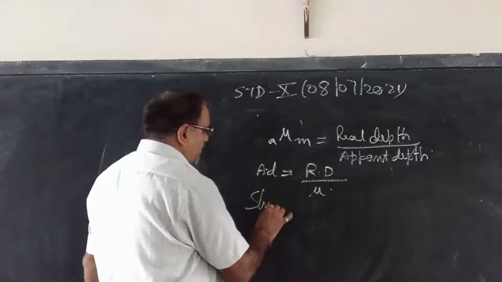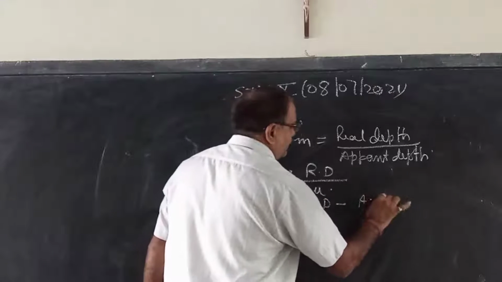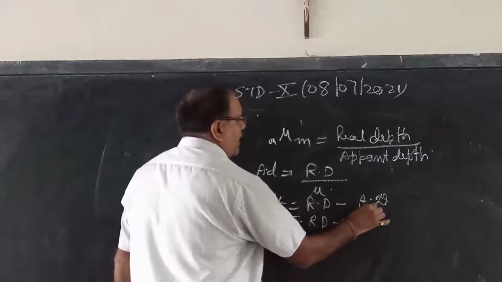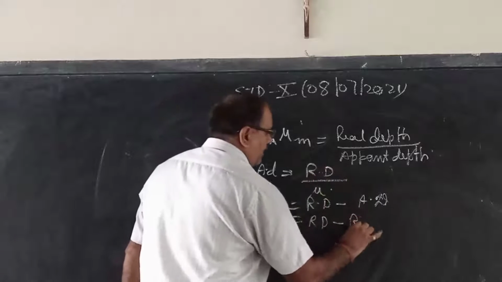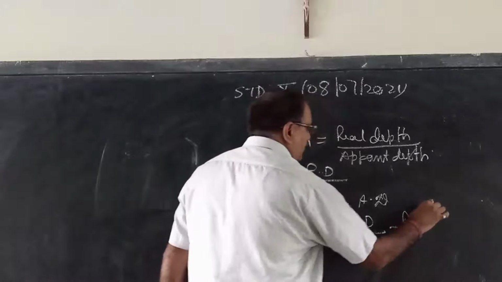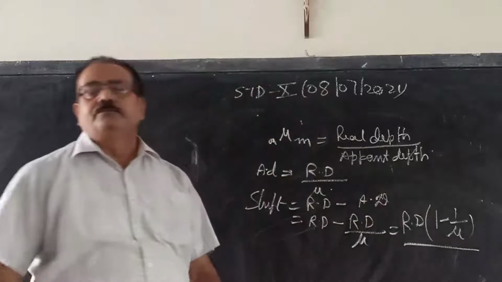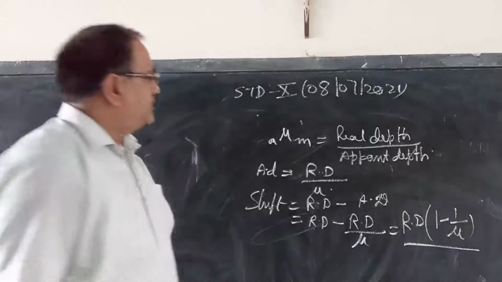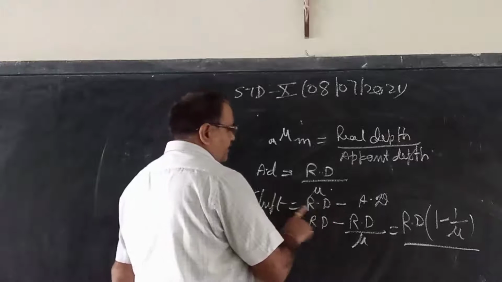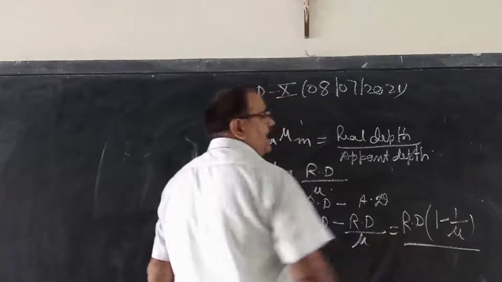Shift is equal to real depth minus apparent depth, that is real depth minus real depth by mu. Take real depth common: 1 minus 1 by mu. This much is the shift. So shift is equal to RD, real depth, times bracket 1 minus 1 by mu.